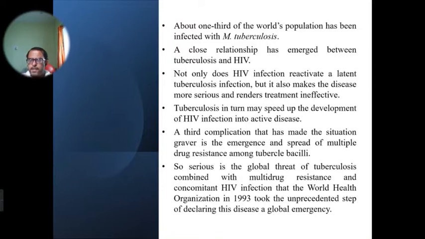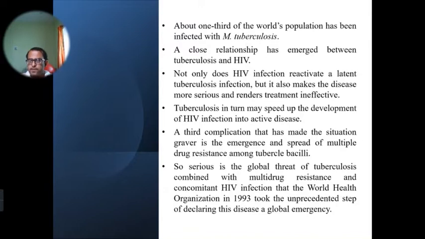HIV infection reactivates the latent tuberculosis infection in those persons who already have the pathogen of TB, and it makes the disease more serious and the treatment ineffective.